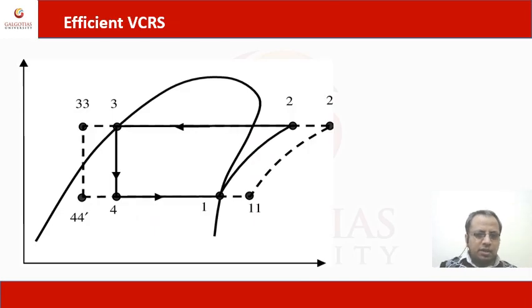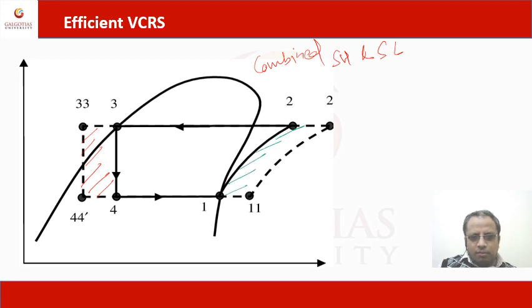Now the other special case here, the superheating and subcooling. This is the case of the combined superheating and subcooling. So what we are doing here, we are maintaining the cooling effect through the subcooling development and the degree of superheating through this development.